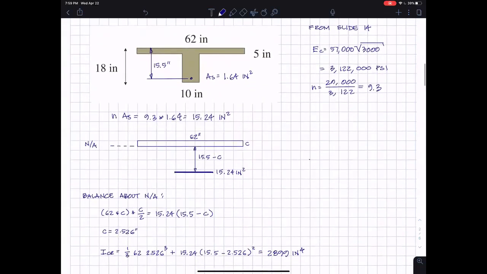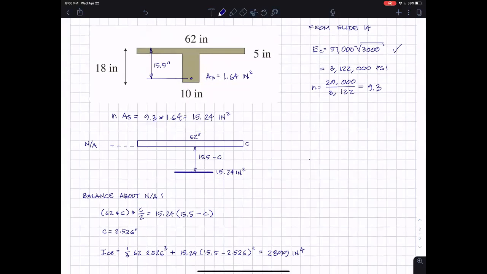In addition to getting the gross moment of inertia, we need to know the cracked moment of inertia. And you've had homework on this, but just a quick review. E is 57,000 square root F prime C. That's E of the concrete, and as always, it's PSI in the square root.